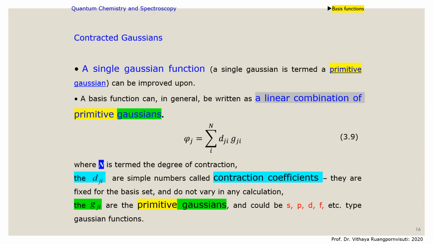Contracted Gaussians. A single Gaussian function, termed a primitive Gaussian, can be improved upon. A basis function can, in general, be written as a linear combination of primitive Gaussians, as shown in equation 3.9.